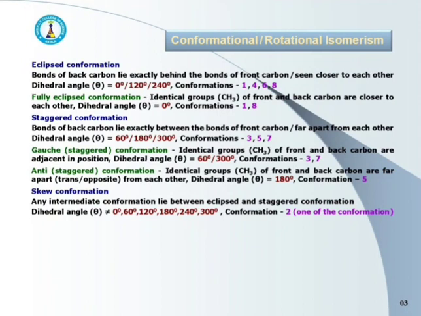The staggered conformation in which identical groups, that is CH3 of back and front carbon atoms, are far apart from each other, that is at trans or opposite position, is specially called the anti-conformation.